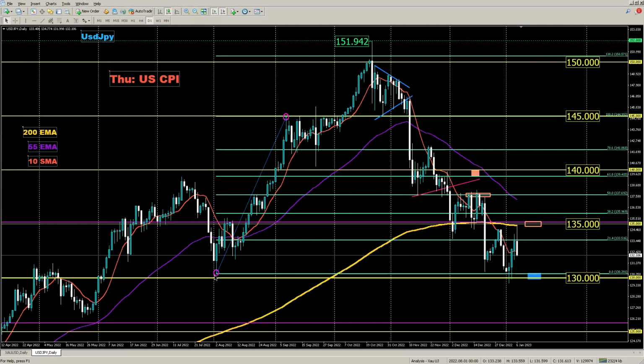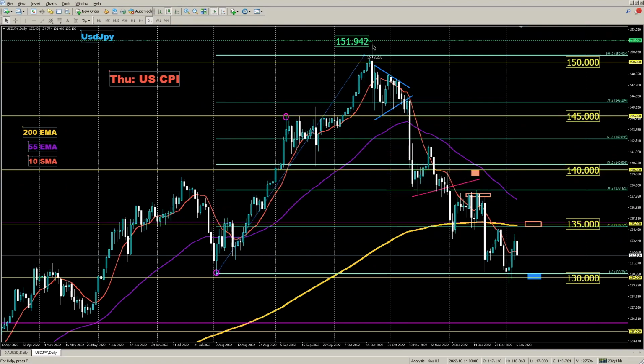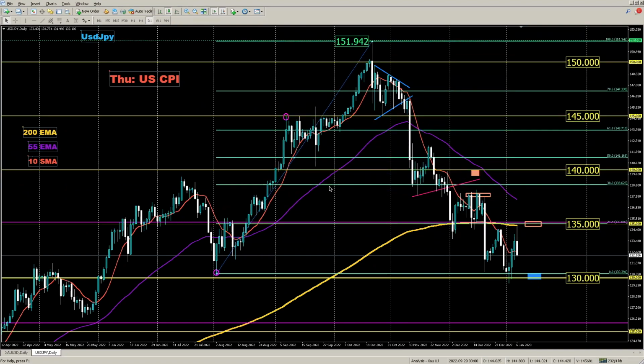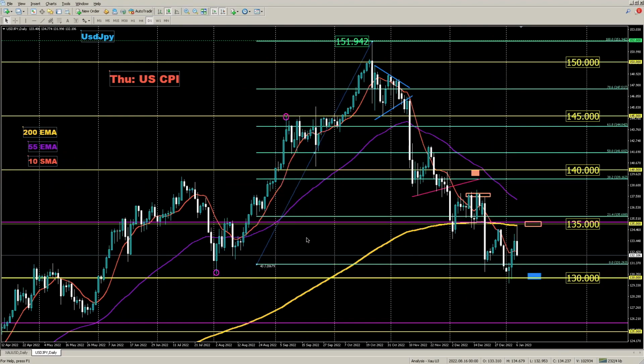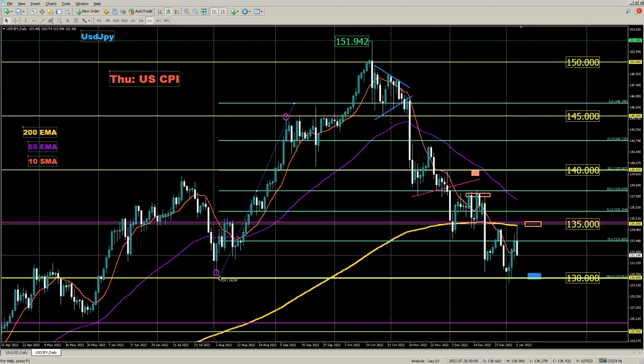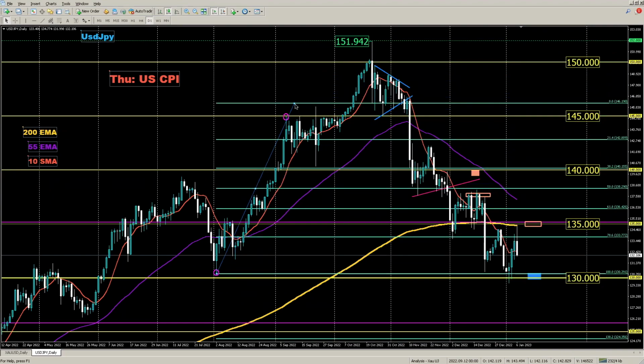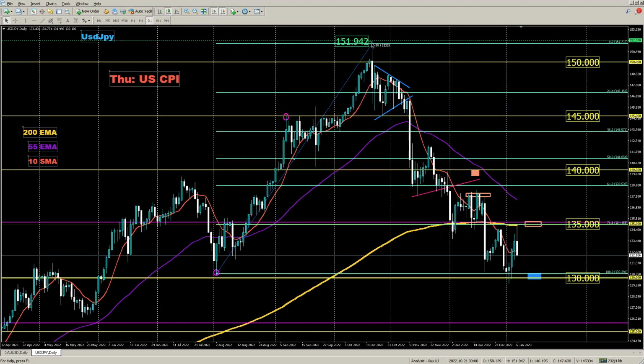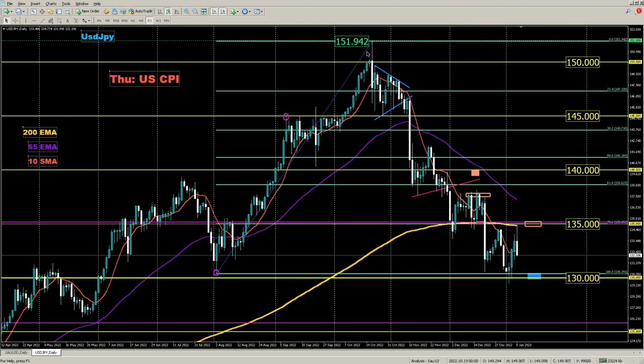Let's go back. That's right at the swing low here. We can actually update this fib to mark all the way up there, and yeah, look at this retracement. It has fully retraced the move up from August last year.